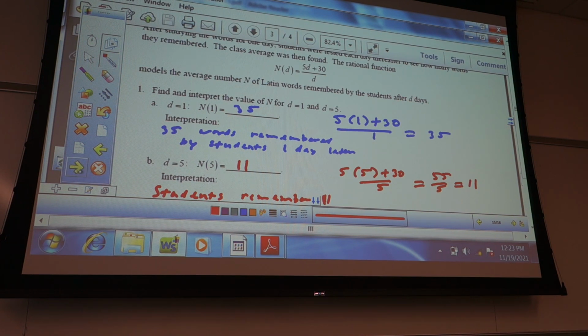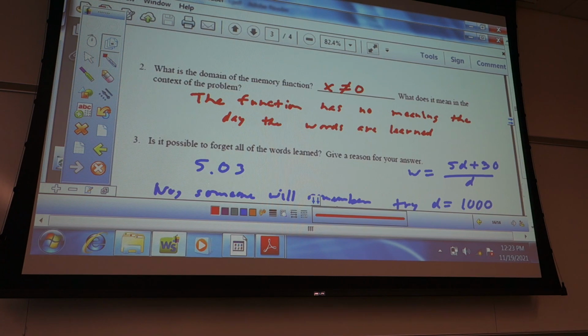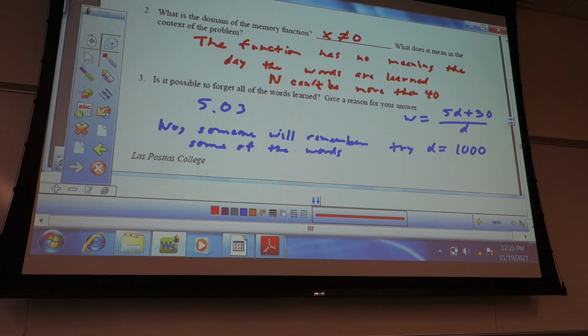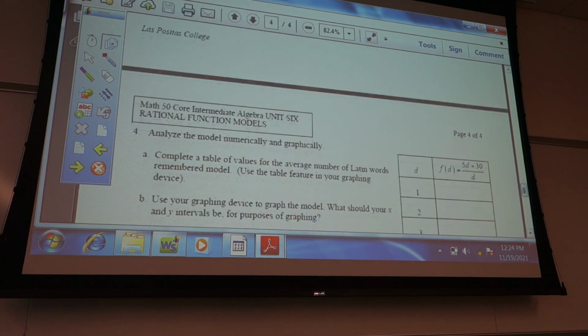Oh. Yeah. Right. So maybe you might want to comment in there too, like N can't be more than 40. Another quick comment in there.